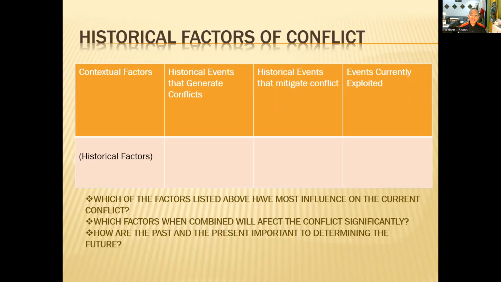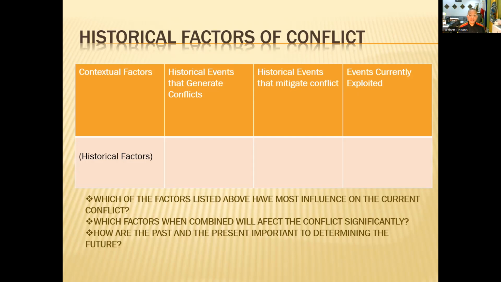Then when we look also at the historical factors of the conflict, we have to contextualize the factors. What are the historical factors? Historical events that generate conflict. Ano bang mga event doon sa history nila ang nag-generate ng conflict? Then historical events, what are those that mitigate the conflict? And events currently exploited. Ano ba yung pangyayari sa panahon nito na ginagamit nila para ma-exploit, para maipagpatuloy yung conflict na yon?